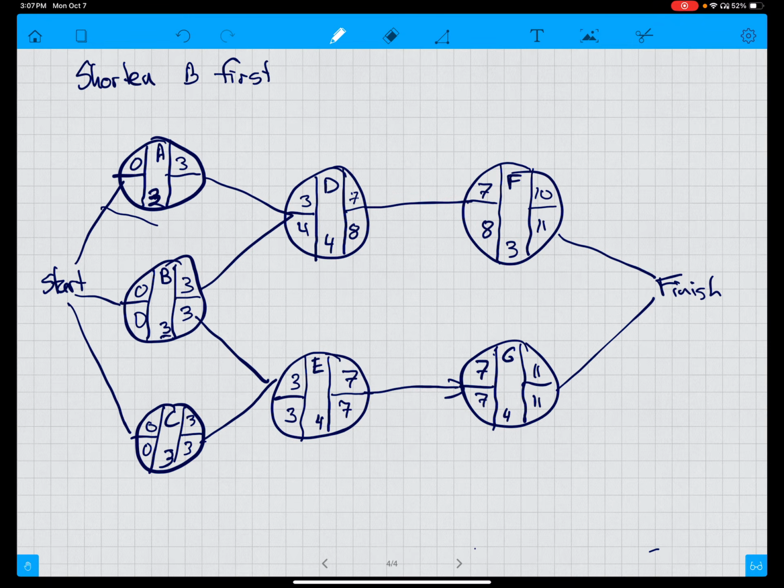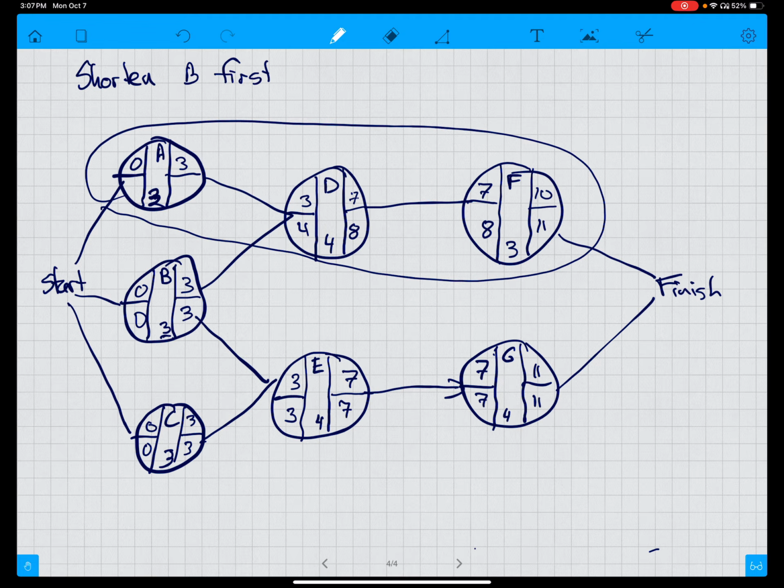So this path continues to have slack in it. But these two paths, B, E, G, critical. So it's now 11 days, so we know we've shortened it by 1. BEG is critical, and CEG is critical.